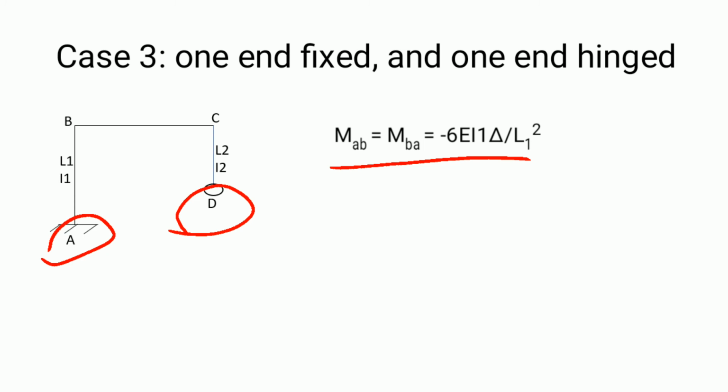Similarly, MCD is equal to minus 3 EI2 delta divided by L2 square, because the span CD has D as the hinged end.